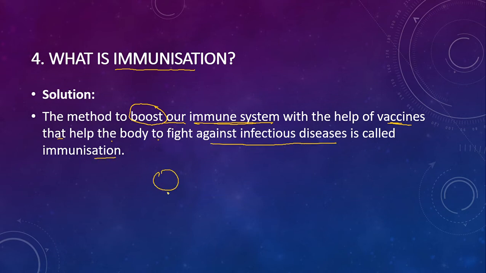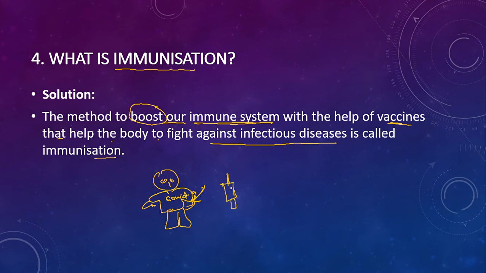For example, this is a person. Okay, this is Ram, and he has applied a vaccine for COVID. Then what will be happening is the vaccine that he has applied, what will it be having? The injection. What will the injection be having?